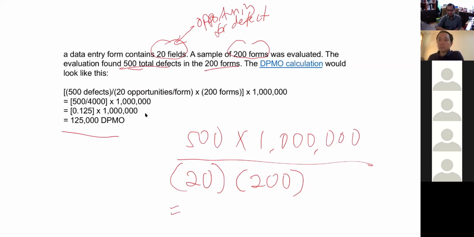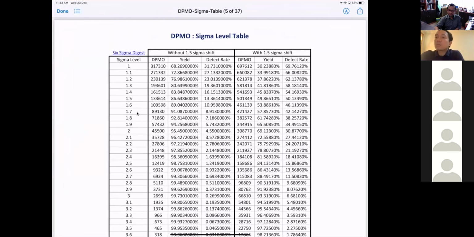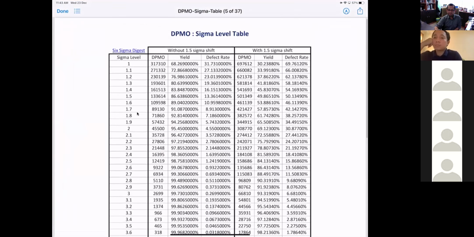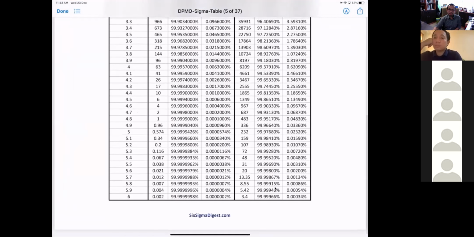So looking at this formula, how to reduce the DPMO? If you look at this table, when we are at 6 sigma, we reject only 3.4.